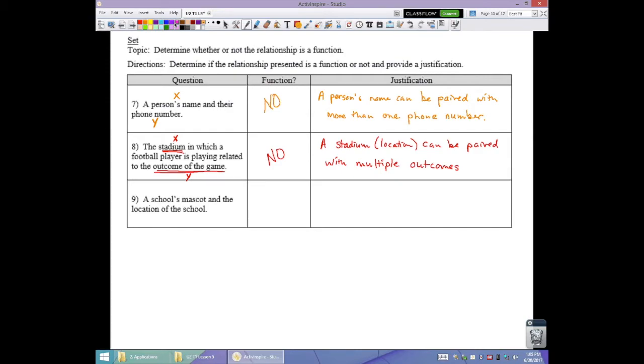And the answer, of course not. So no, that one's not a function either. A mascot can be paired with many schools, many locations.